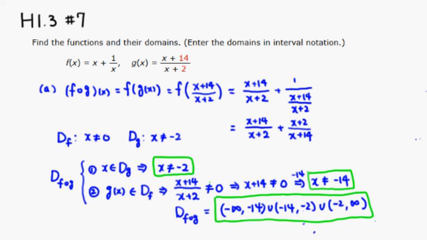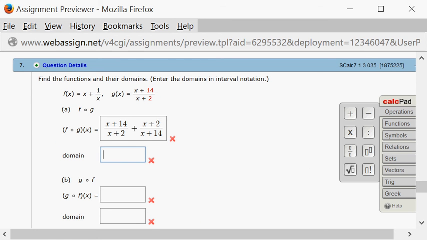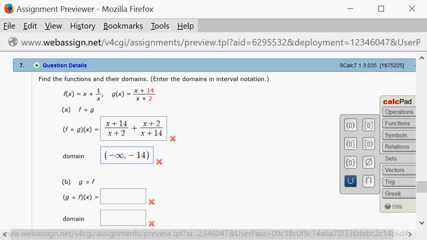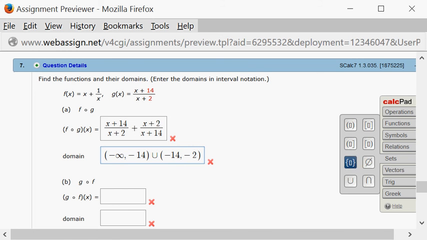You can do the other parts very similarly, so I'm not going to go over that, but let's double check we have the right solution. Here we have negative infinity, go to negative 14, skip negative 14, then skip negative 2, and go all the way to positive infinity.